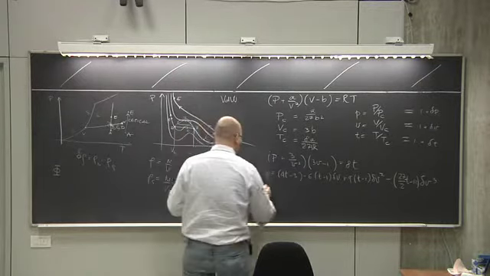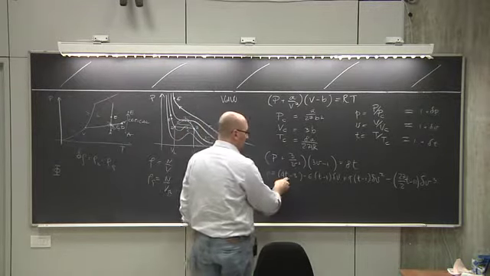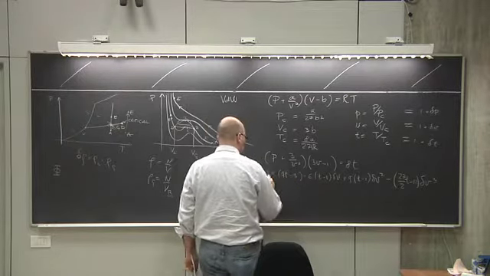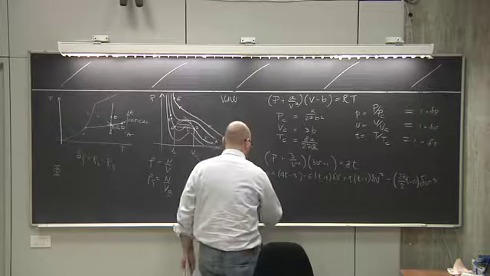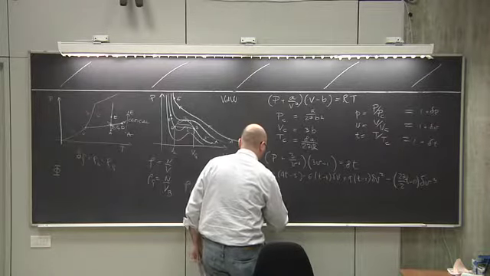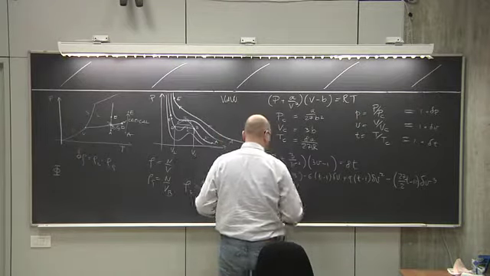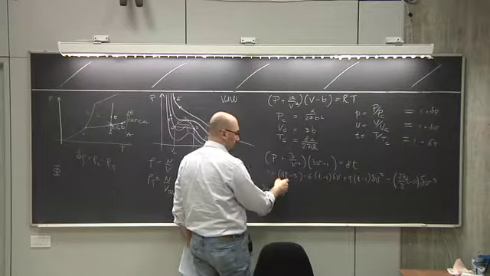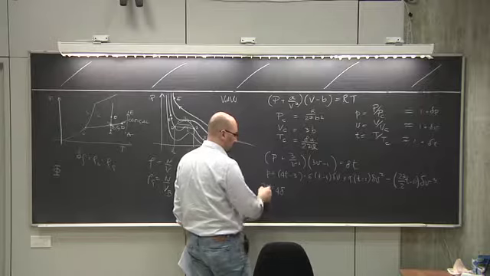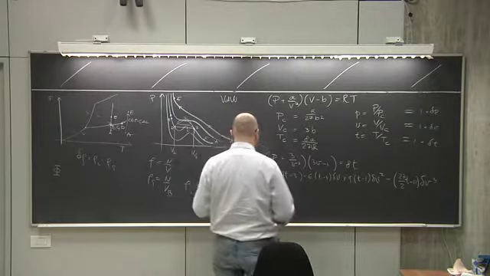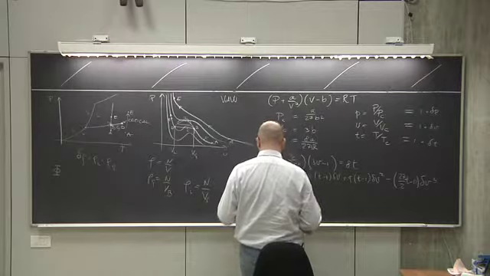So when t is close to 1, this becomes 4 delta t. This becomes dp. This becomes 1 plus 4 delta t, and 1 is just cancelled by the p minus delta p.